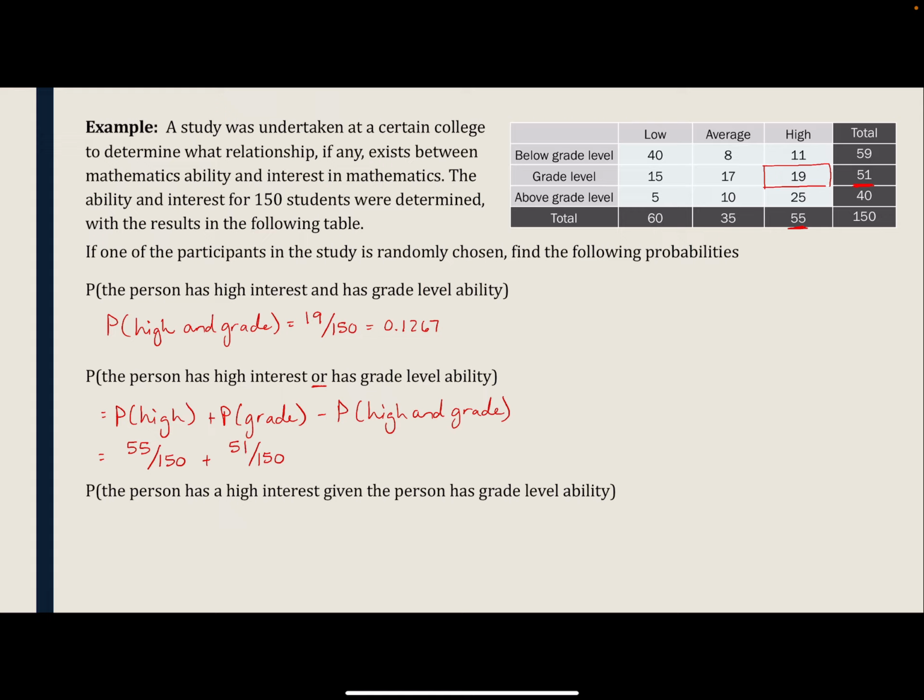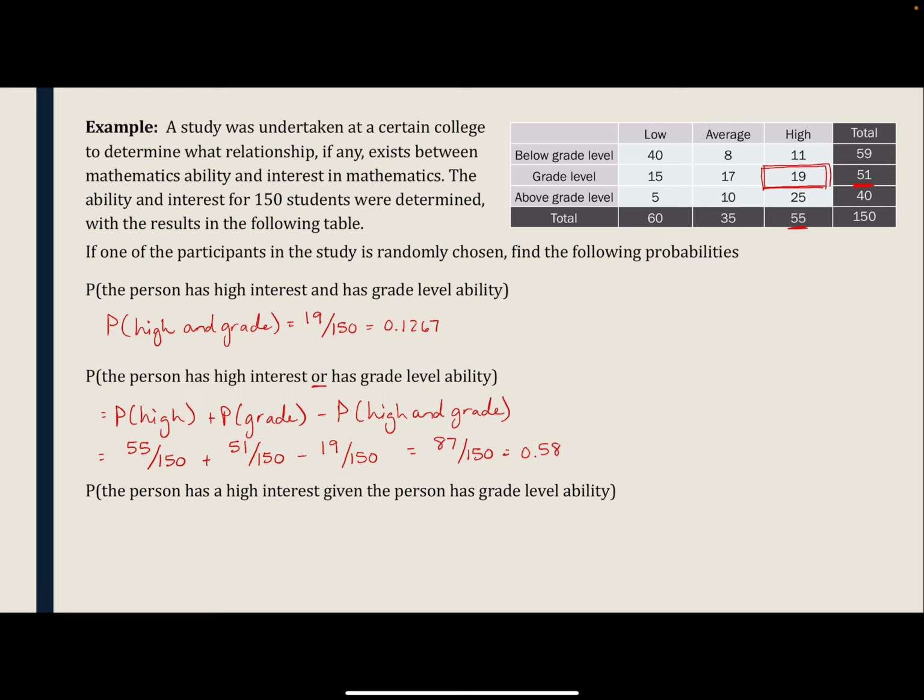But these 19 students were counted twice in both of these totals. So we have to subtract them off so that they're only counted once. And this will give a total of 87 out of 150, which is 0.58.